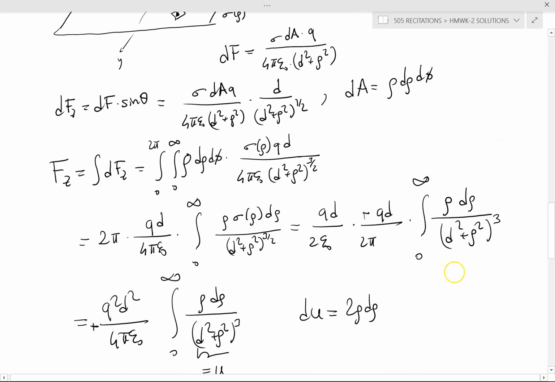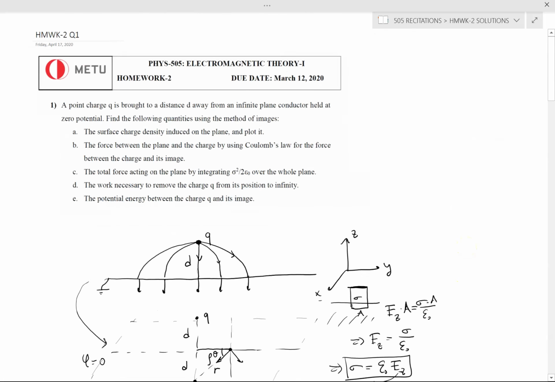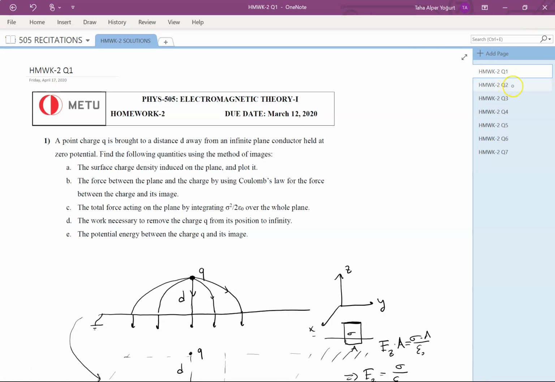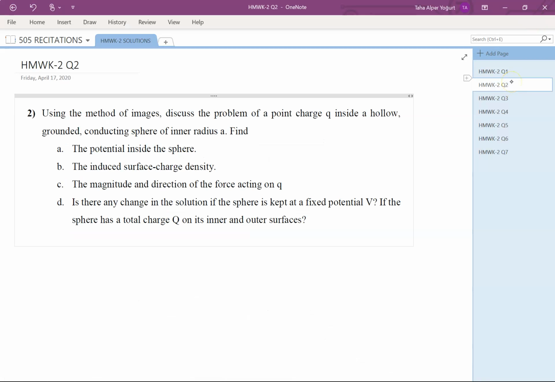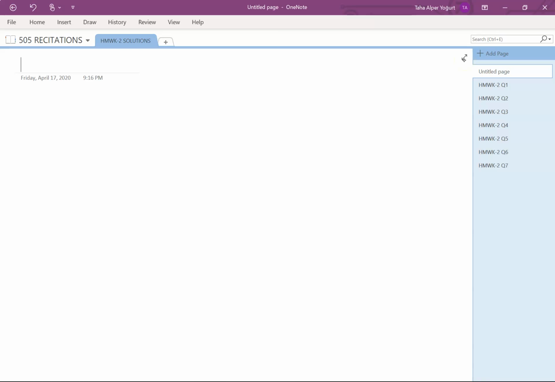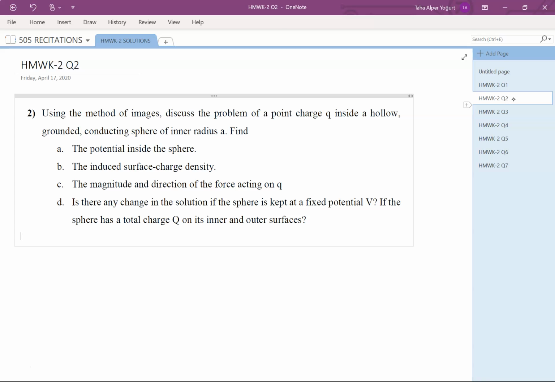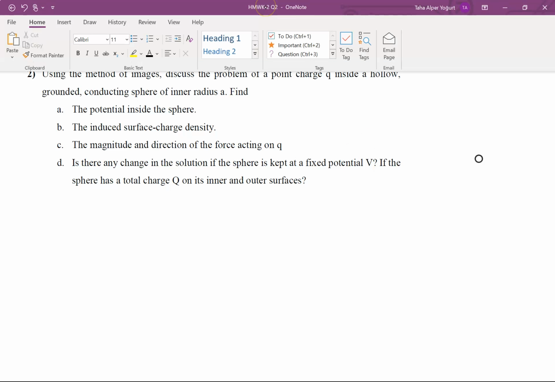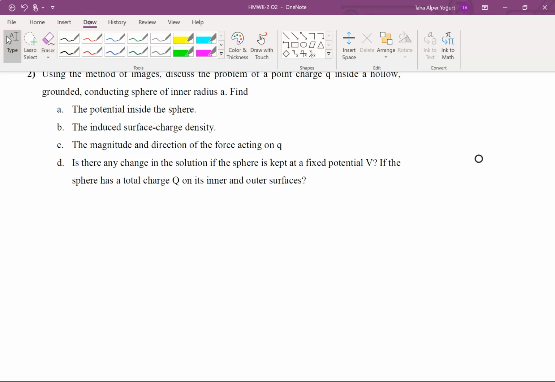Okay, very nice. Let me pass to the second question now. In this problem now, I will be studying again the method of images, but in this case now, it's for a sphere.